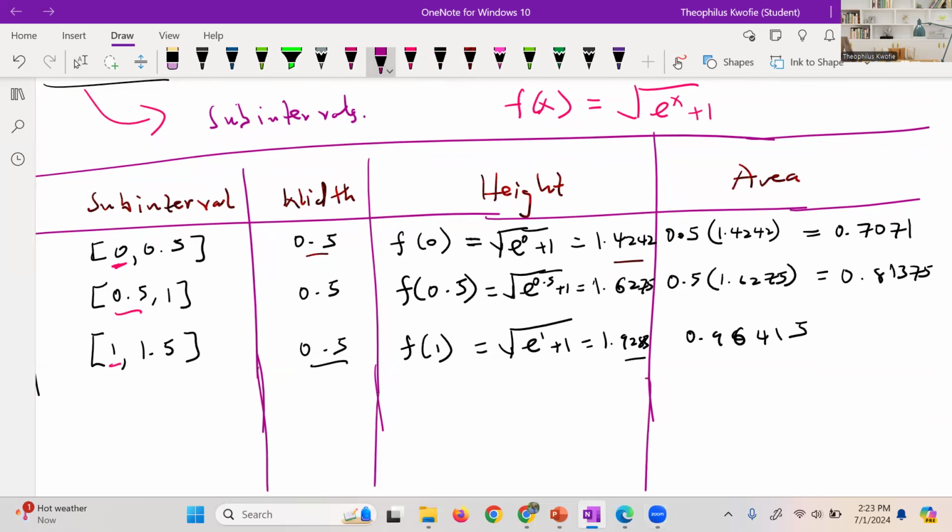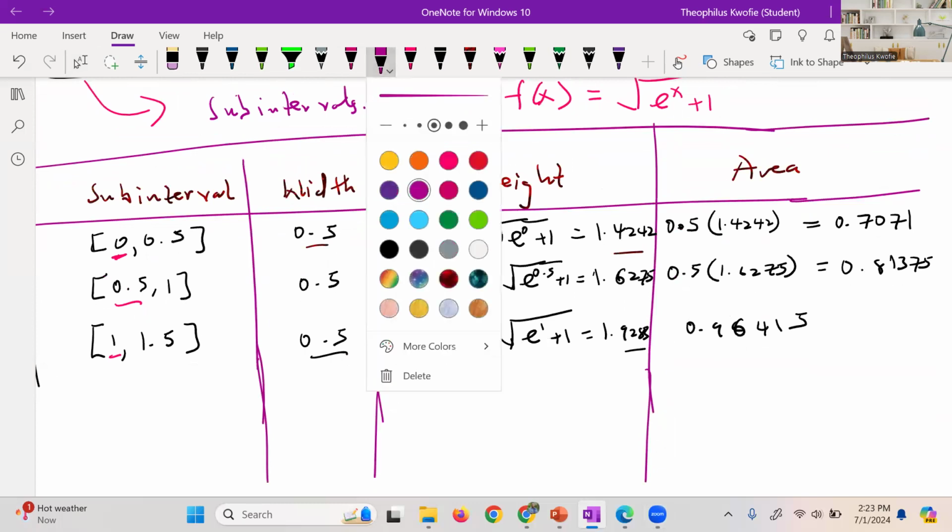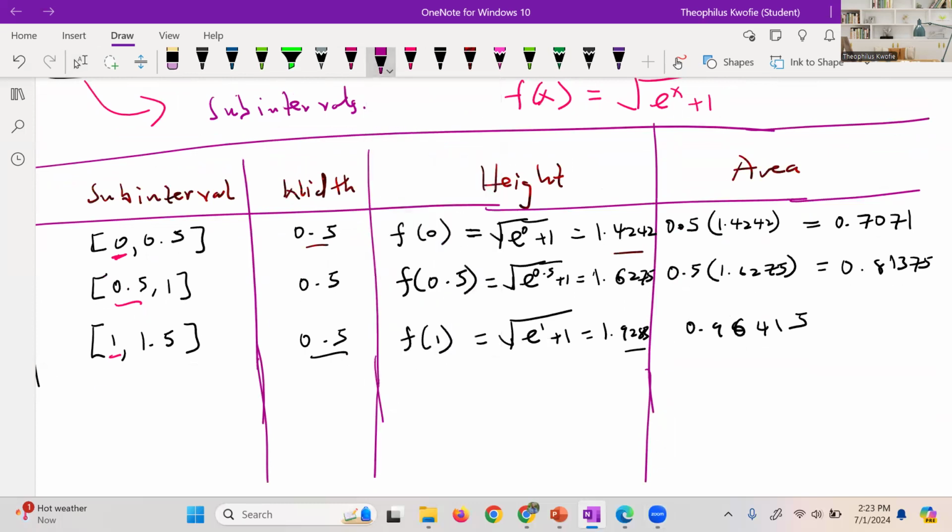The next thing we need to do is to pick the next subdivision, which is 1.5 to 2. And as usual, we pick the left endpoint, and that should give us what? 1.5. Okay. And the weight will still remain the same.